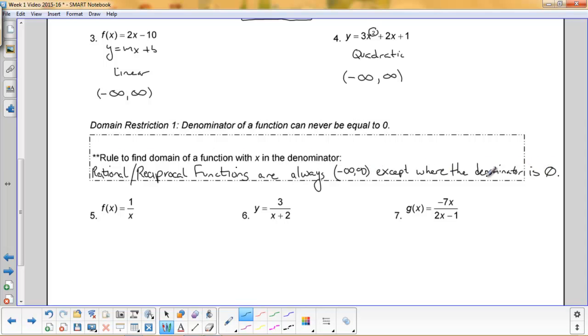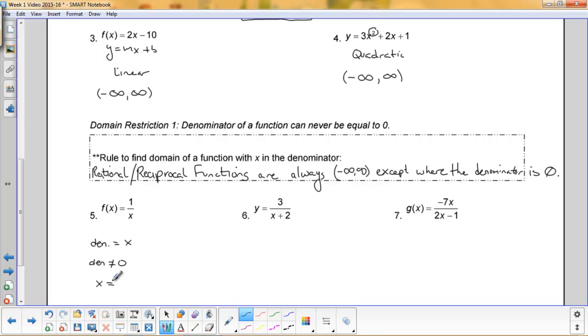This is our restriction for these 3 problems. All right, so let's take a look at it. First thing we're going to do is identify when the denominator equals 0. So I'm going to say, okay, the denominator, and I'll abbreviate it here for time's sake, the denominator equals x.